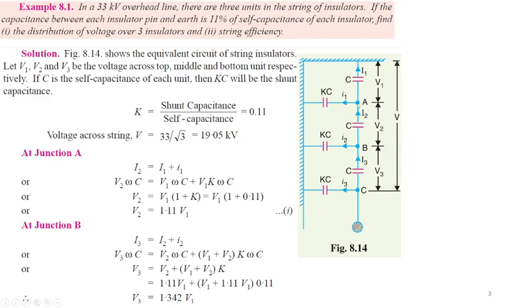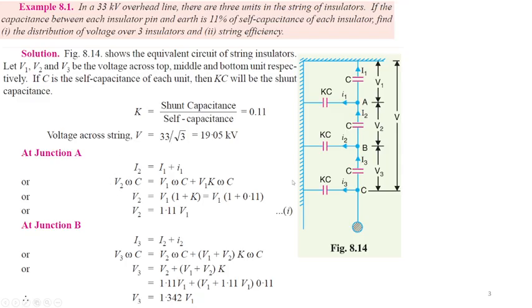At junction A, if we write KCL, I2 is equal to I1 plus I1. This voltage is V2.